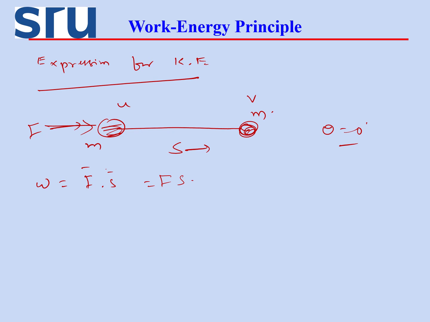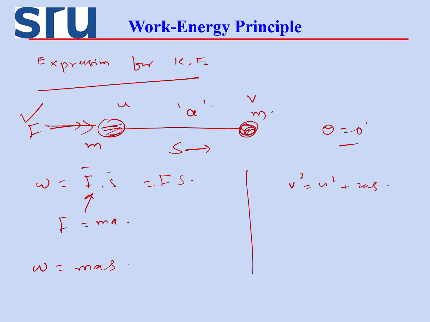Now let a be the acceleration. When we apply the force, it is accelerated. So F equals ma. Substitute this value here, W equals mas. Now we use the formula v square equals u square plus 2as.